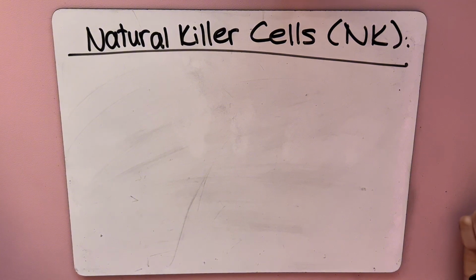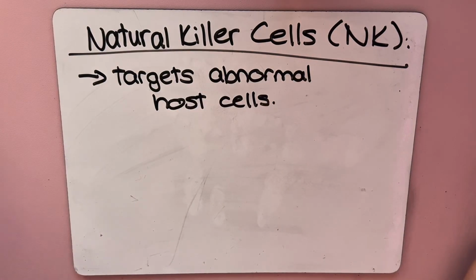Next, we have natural killer cells. NK cells, natural killer cells, are a type of innate lymphocyte, a white blood cell related to T and B cells, but part of the innate immune system. They specialize in recognizing and destroying abnormal host cells, for example, cells that have been infected by a virus or turned cancerous.